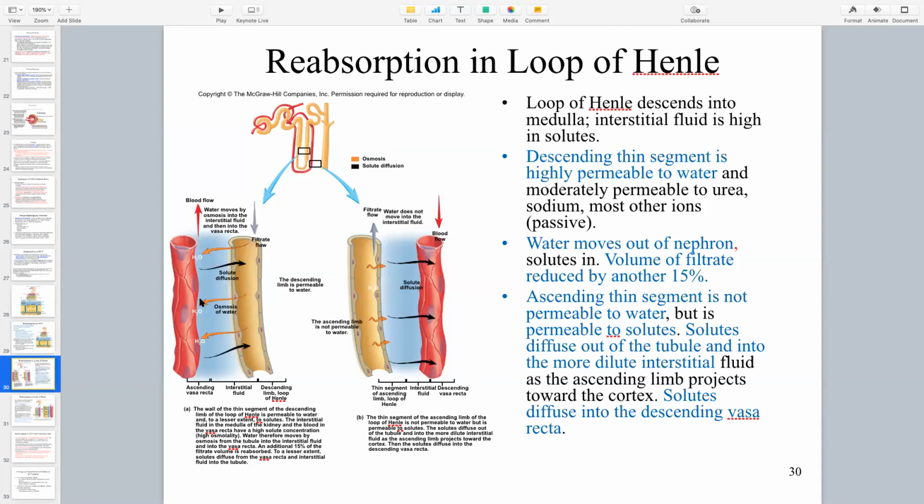Now, what happens if there is no high solute concentration in the space? Water is no longer attracted by osmosis. Because water is no longer moving out by osmosis, we will then have more water going through unreabsorbed.